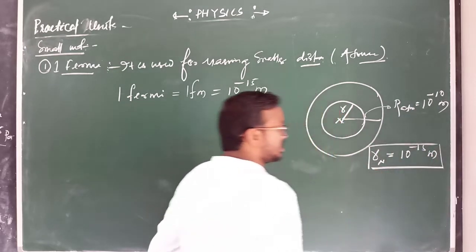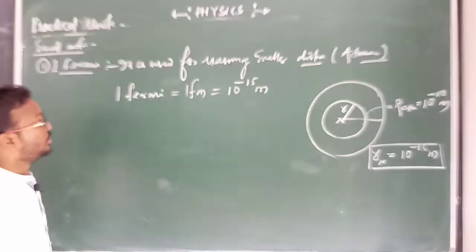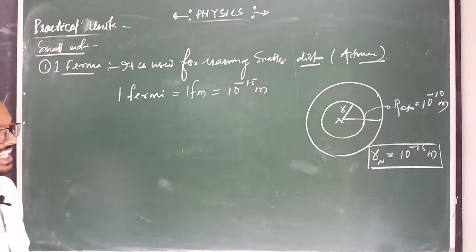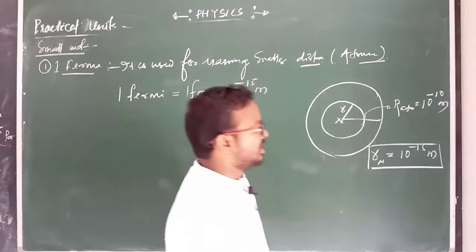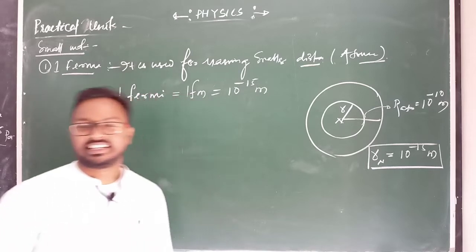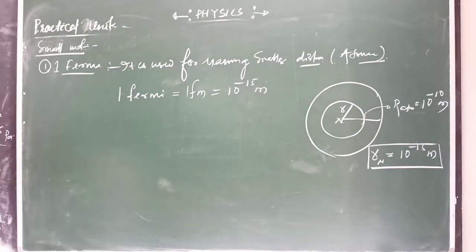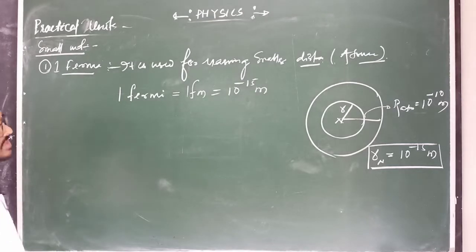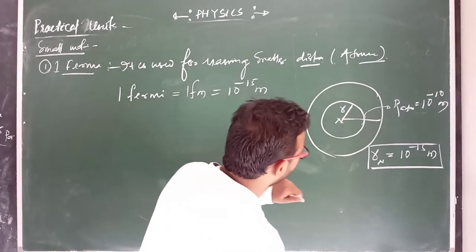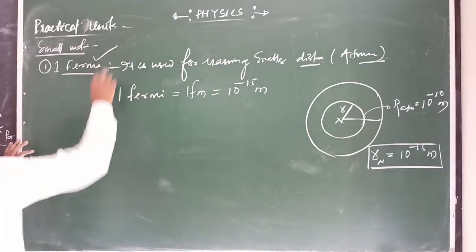So to measure the radius of the nucleus we have to use a smaller unit. We cannot use kilometer, meter or large units like parsec or light year. So in this case we have to use a smaller unit which is convenient to measure the radius of the nucleus, so we use 1 Fermi.